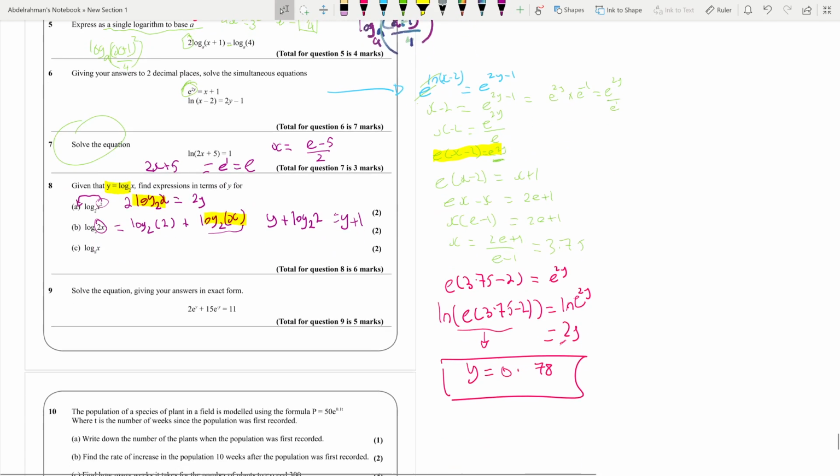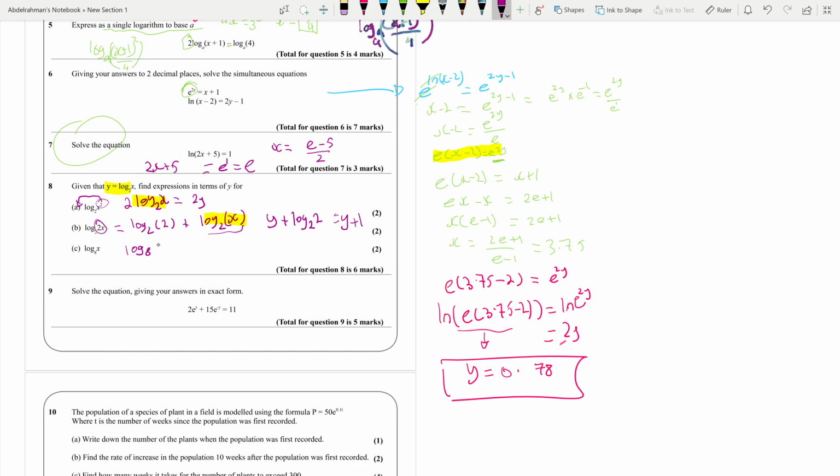Okay, this one is a bit tricky, that last one. So what you will do is, okay, this one is log 8x, we know that. Okay, log 2x, because that's the one we want to represent it as, over by log to the base of 2 of 8. Okay, so this part is like a correction factor.